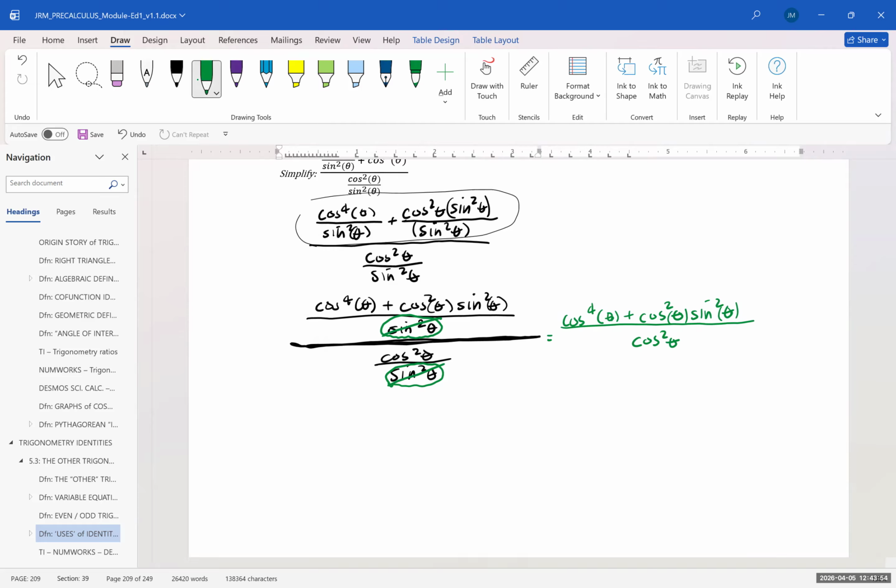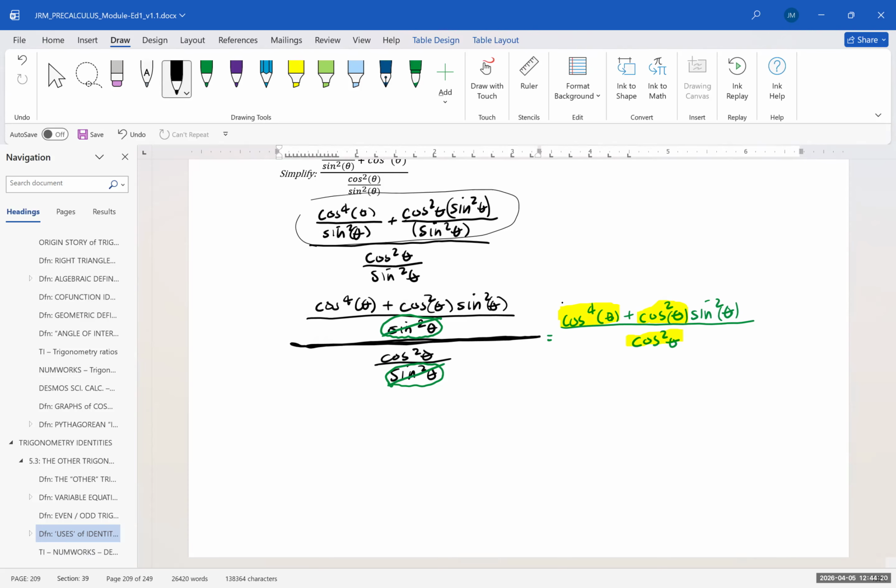All right, now it would be nice if we could get rid of this cosine squared theta, and we have one of those here in this term in the numerator, but we need to have a cosine squared theta in the other term in the numerator as well in order to be able to cancel out properly.